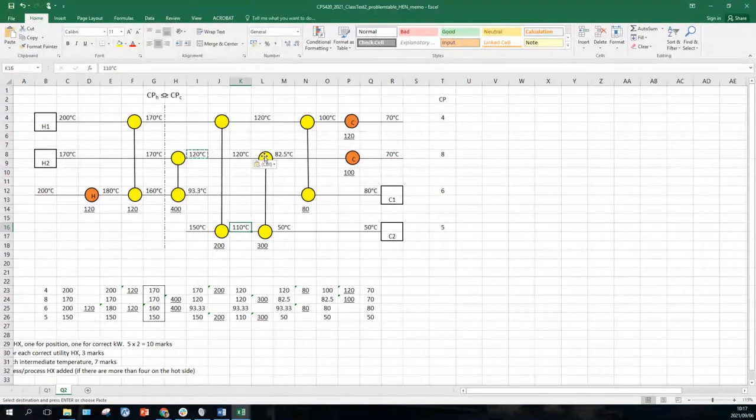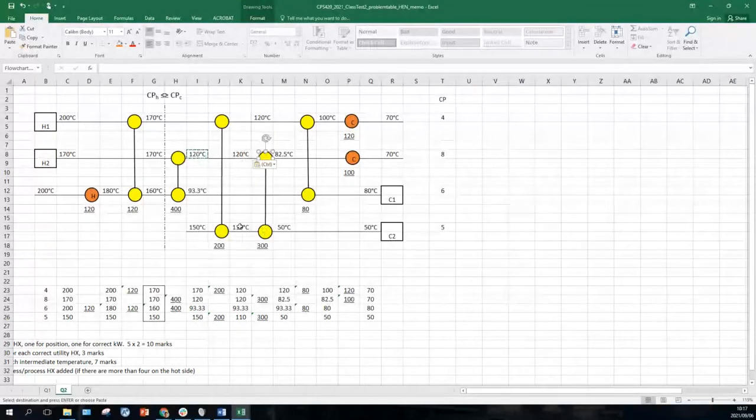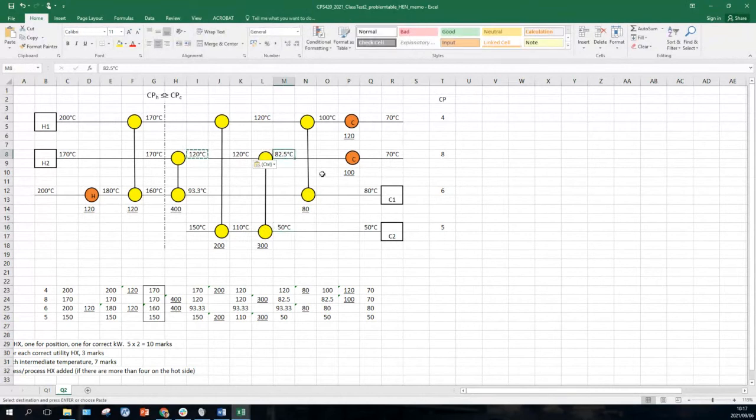So you've got to do this laboriously. Take this one, 120, 110, that is hotter than that one, about 10 degrees. This one and this one, no problem. Okay, so yes, do that laboriously.